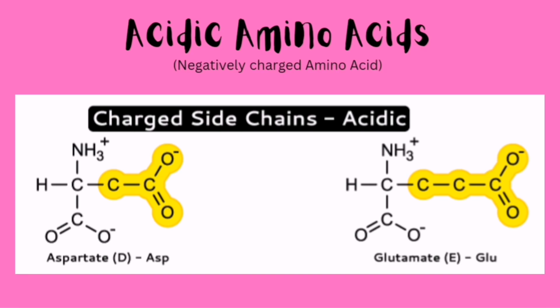Let's talk about the acidic amino acids first. Okay, acidic amino acids are also known as negatively charged amino acids. We have aspartic acid and glutamic acid. These amino acids have carboxyl groups in their side chains, which lose protons and become negatively charged. They are often involved in active sites of enzymes.